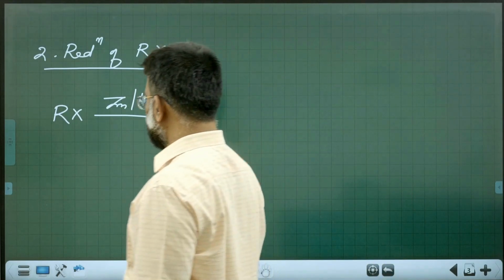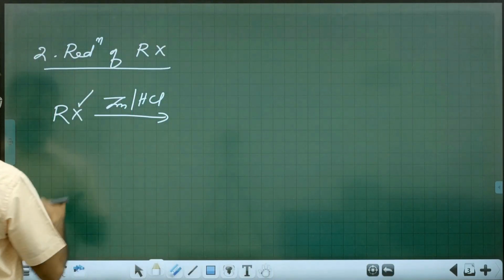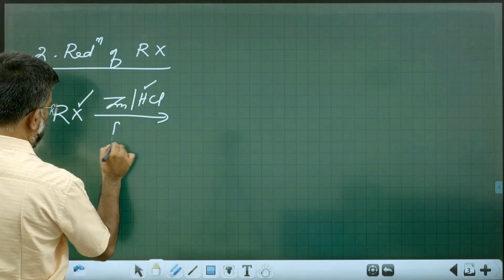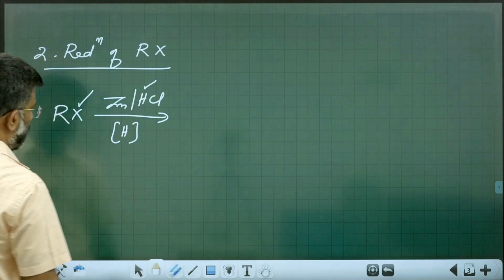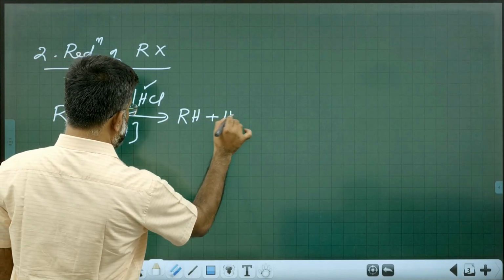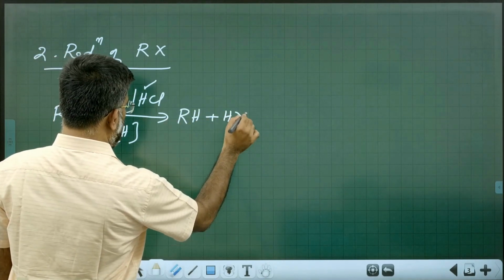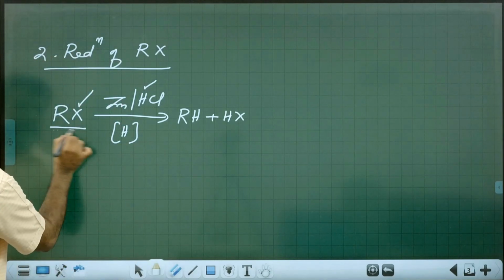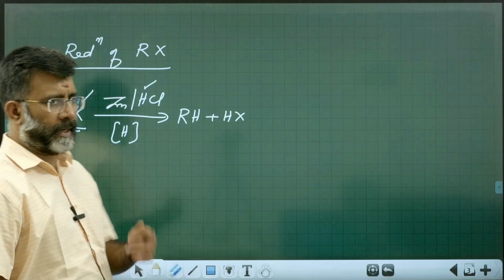What will happen is this X will be replaced by hydrogen. They can produce nascent hydrogen in the solution and you will get RH plus HX. So in this RH, X is replaced by hydrogen.